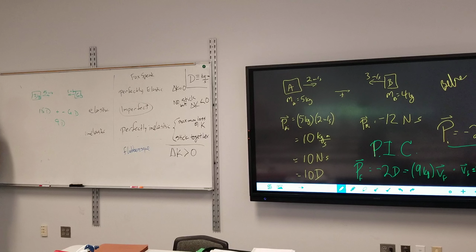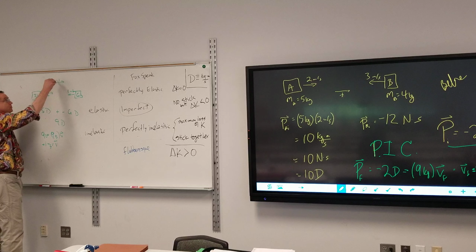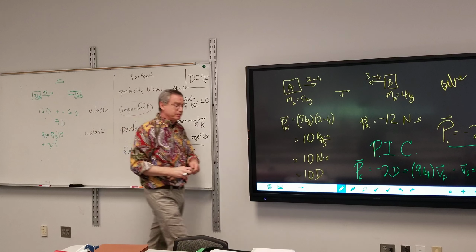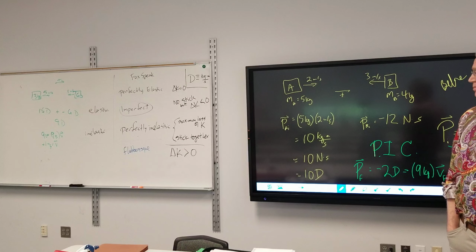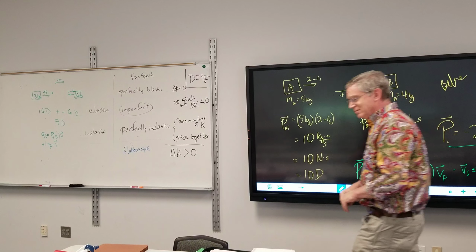That's the total momentum before and after. And so if I do my after, 9 is equal to my total mass, which is 9 kilograms times my final velocity. And it is indeed still going in the positive direction, as I just defined it right there. That was encouraging.